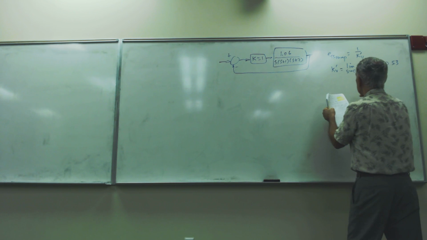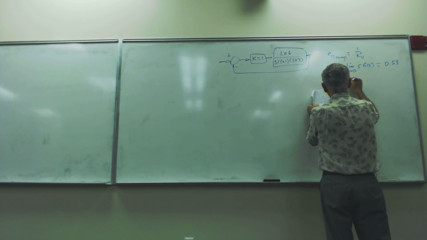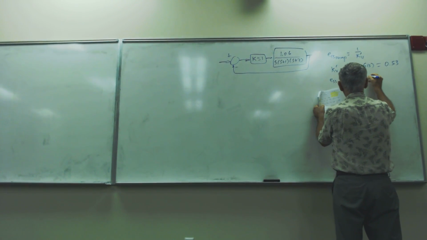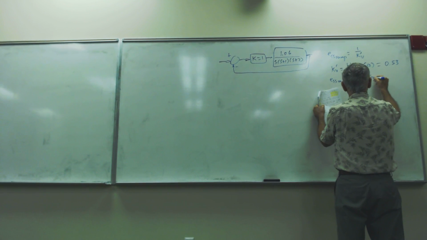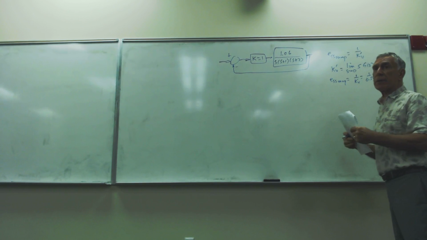And so the steady state ramp error will be 1 over that. So Kv prime is equal to 0.53, and the error is 1.8, about 1.8.